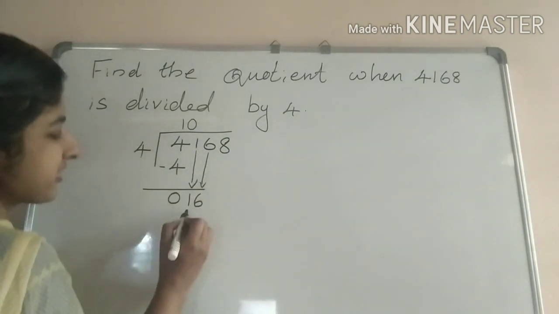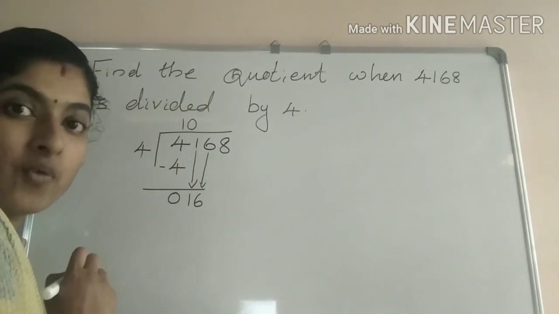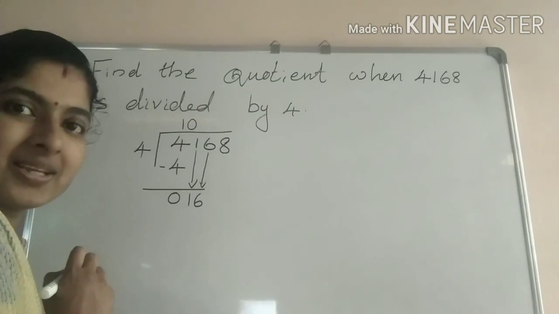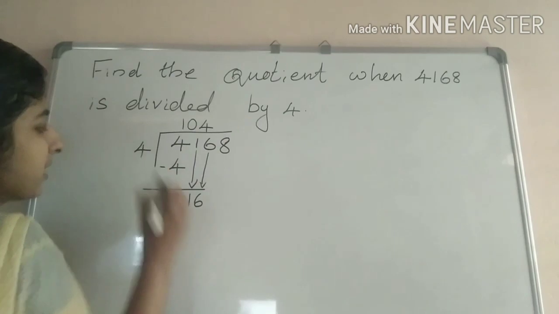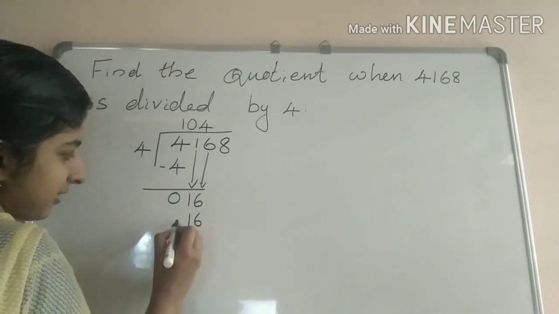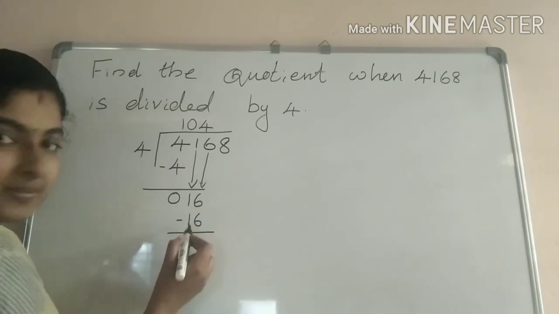Okay. Then, here 16. 16 has how many 4s? 4 4s are 16, isn't it? Then again subtraction. 16 minus 16, 0.